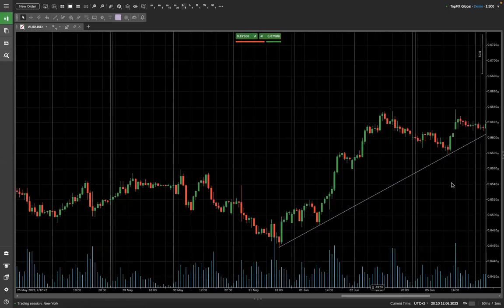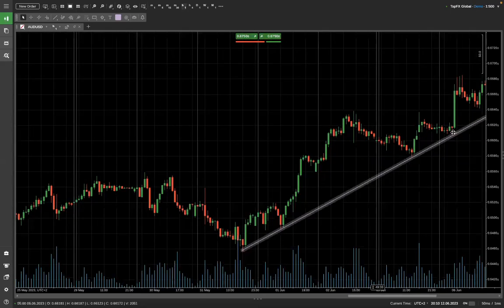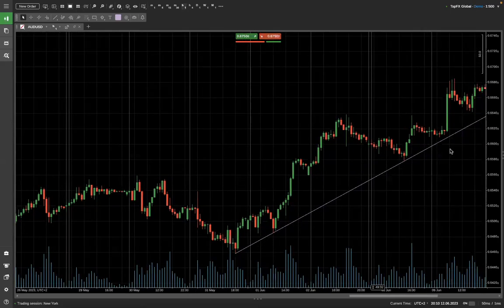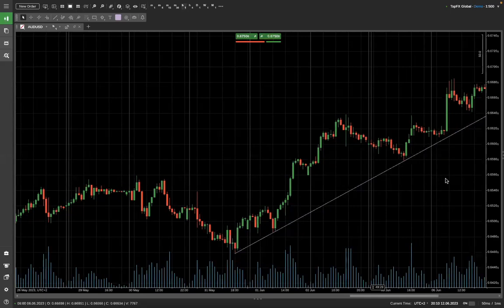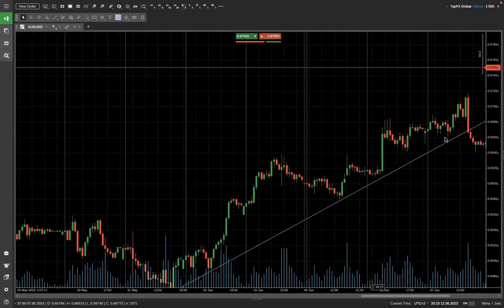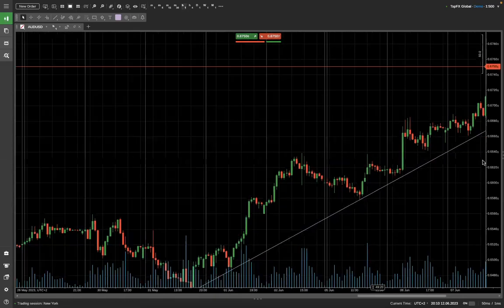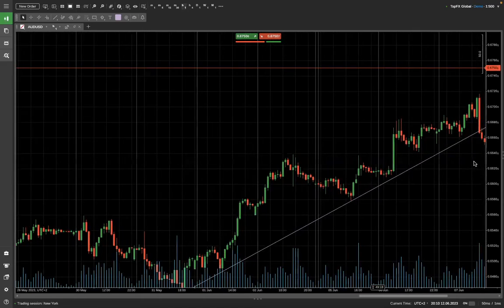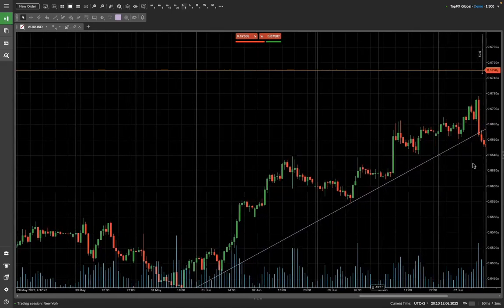It doesn't matter. And then we go up, almost have the hit here. The price is still above the trend line, so the uptrend is being continued. We almost have another hit here. Then there is a breakout below first, and the second bar is showing us, there you go, we have a breakout.